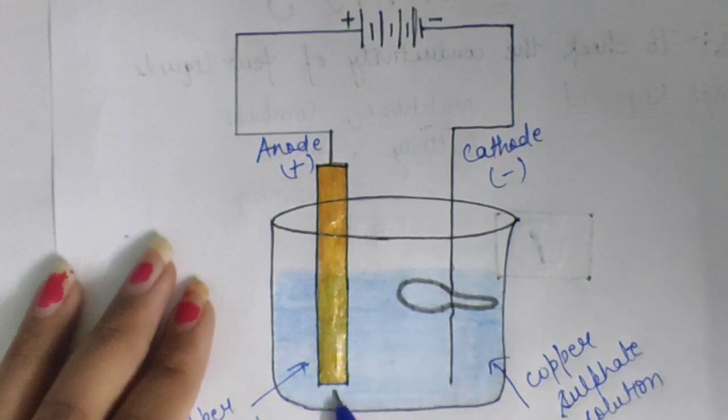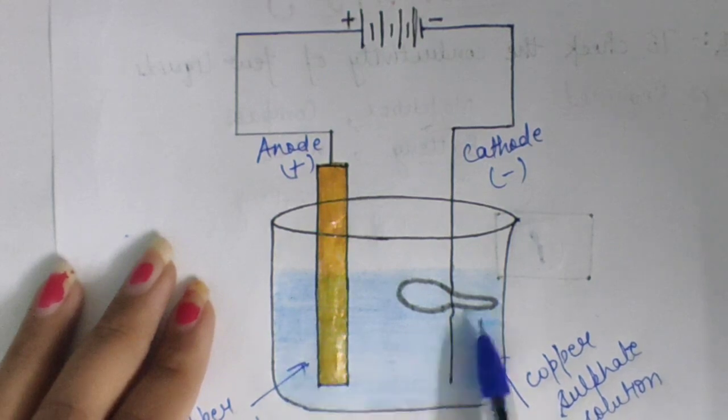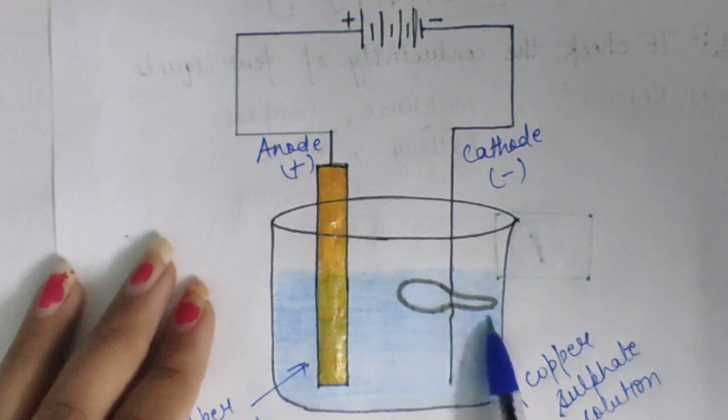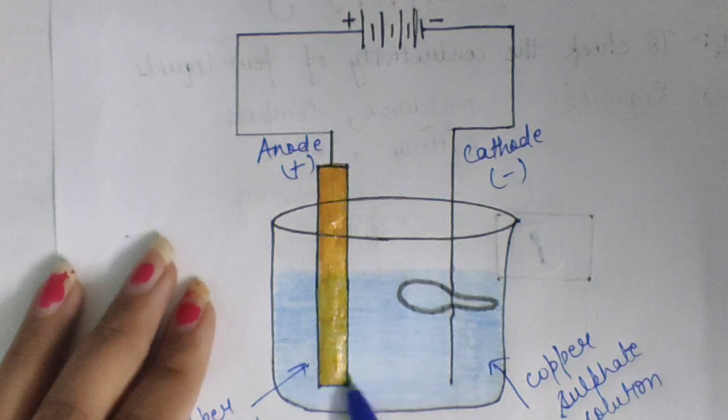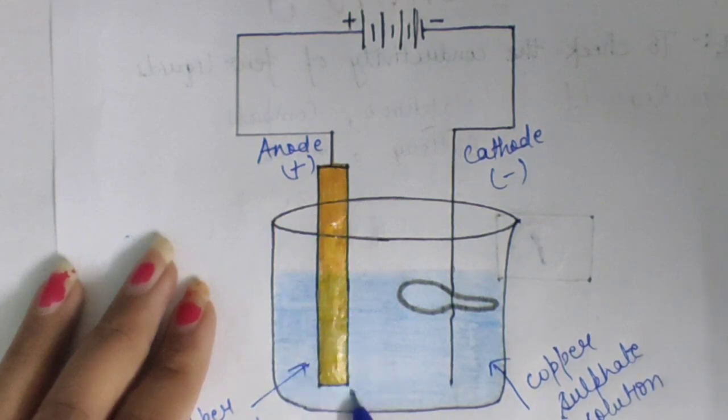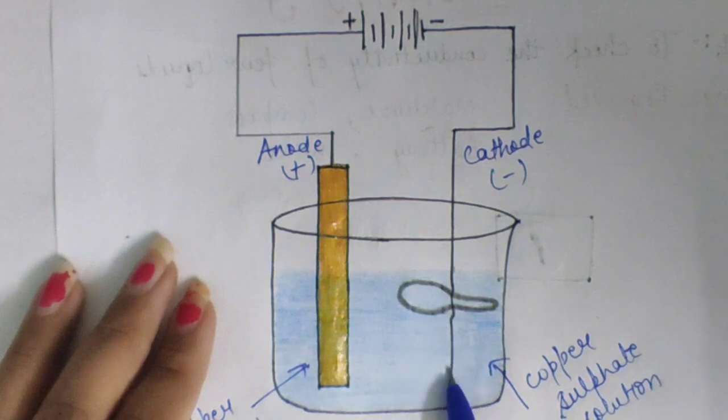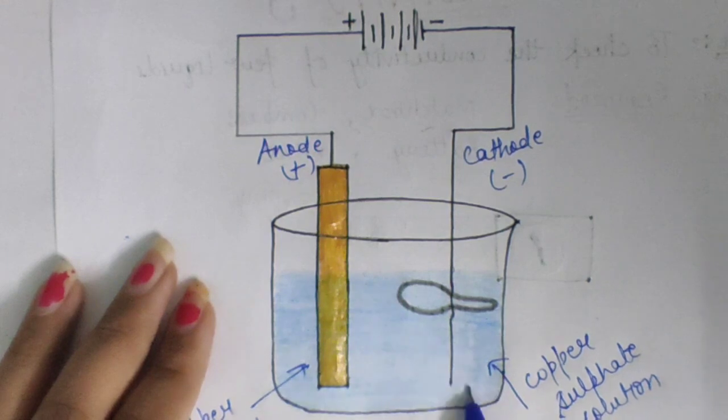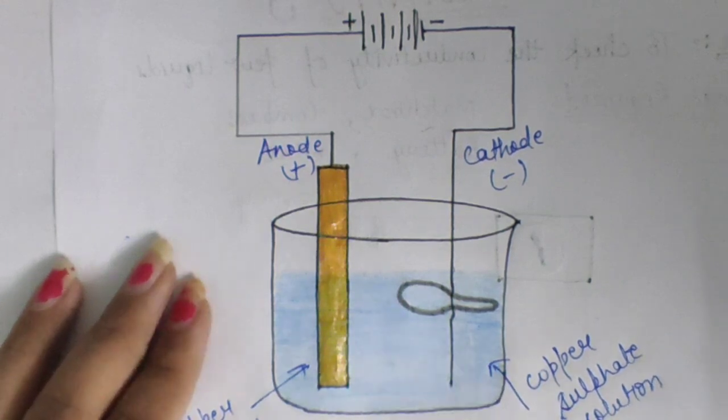The process of depositing a thin layer of copper or any other metal over an object, means on a spoon or any other object, with the help of electric current, because electric current is also flowing through the liquid in this method. This process is called electroplating.